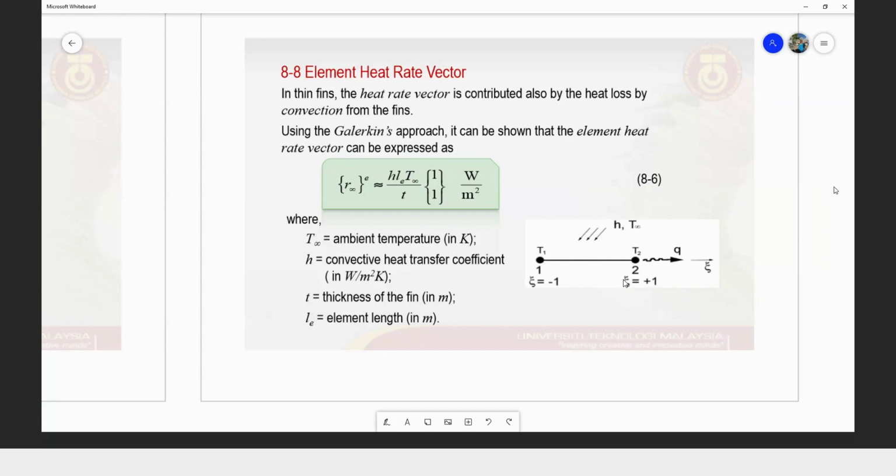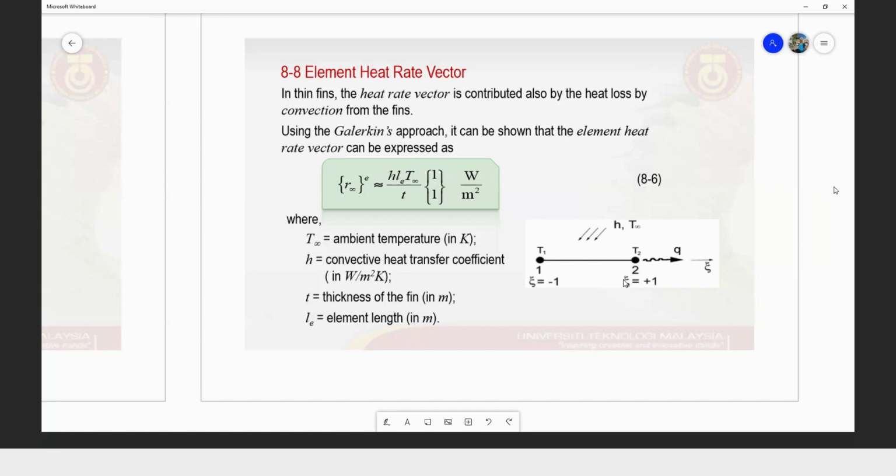So we are using this Galerkin approach to derive the element heat rate vector, and the element heat rate vector is given by equation H6, which requires the convection terms, which is H and T, also the length of each element that we consider, and also the thickness of the fin itself.